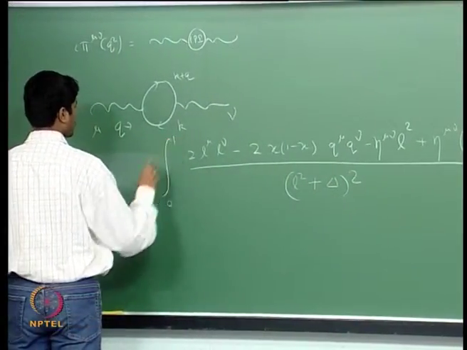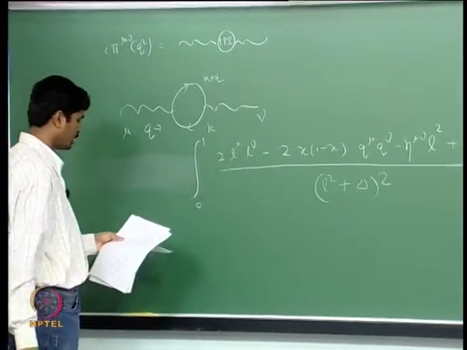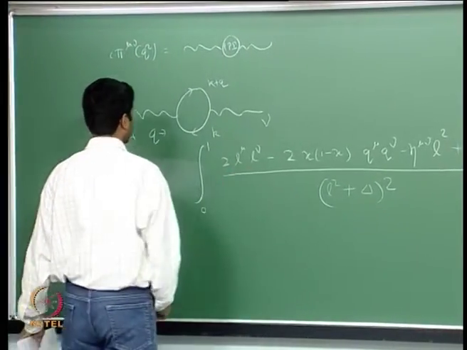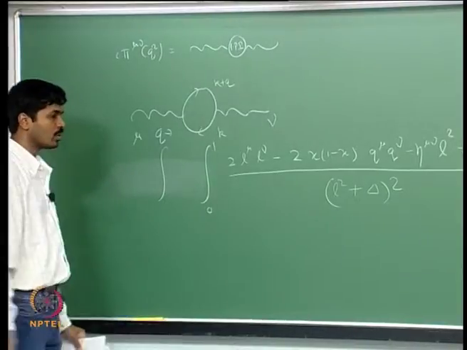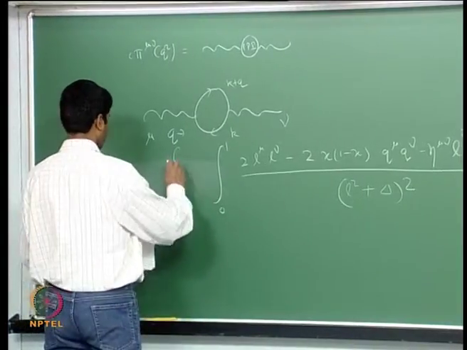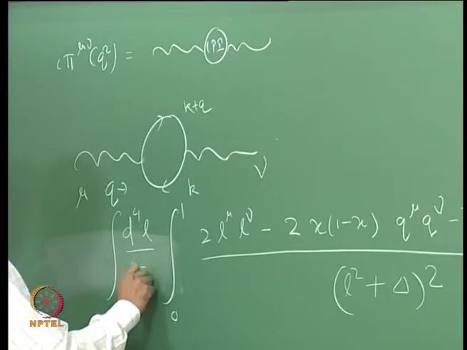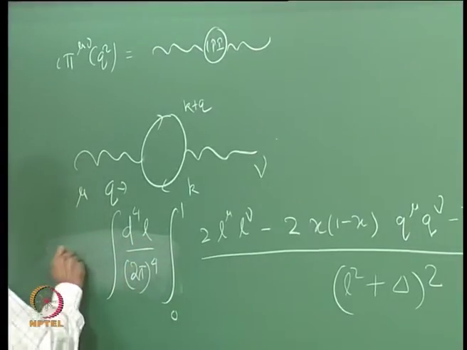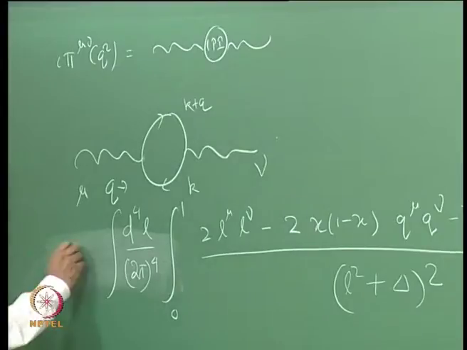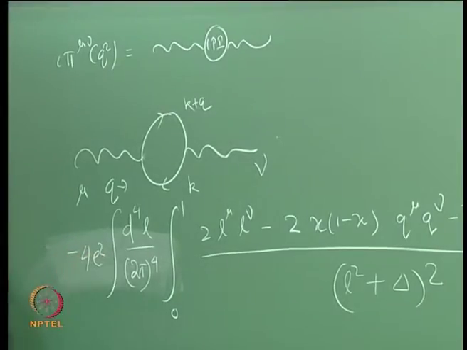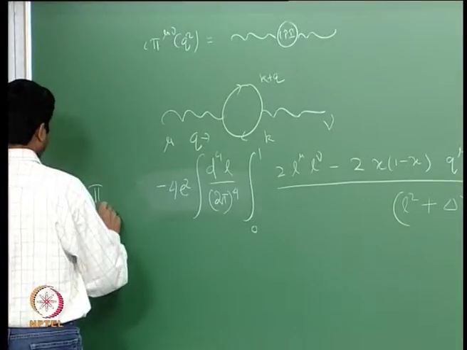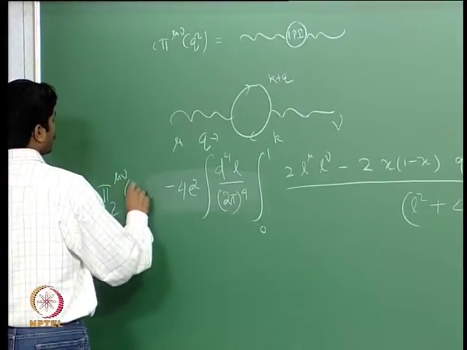The variable x has to be integrated from 0 to 1, and the momentum L will have to be integrated through all the values it takes. So there will be a d4L divided by (2 pi) to the power 4, and we have an overall factor minus 4 e square. This is what we got for Pi 2 mu nu of q square.